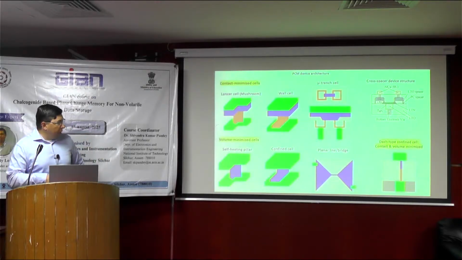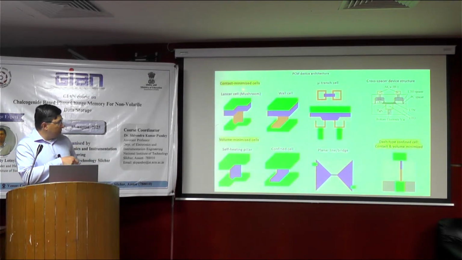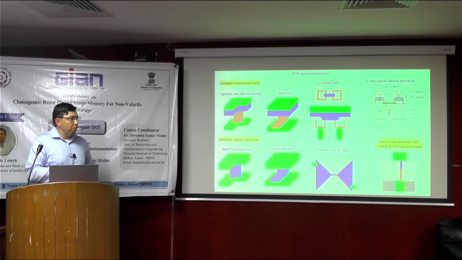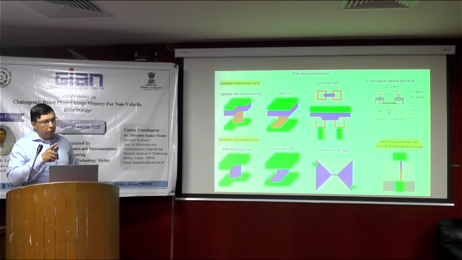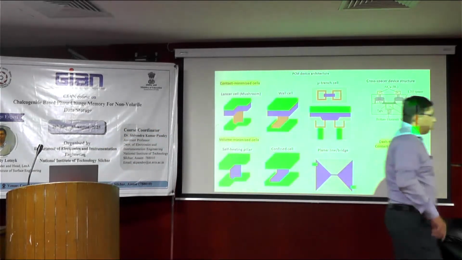So as I said, you will find in the literature different types of the cells. One, we considered already, is the so-called Lance cell or mushroom cell. Mushroom because if you switch your volume in the cell, I can try to show you here.